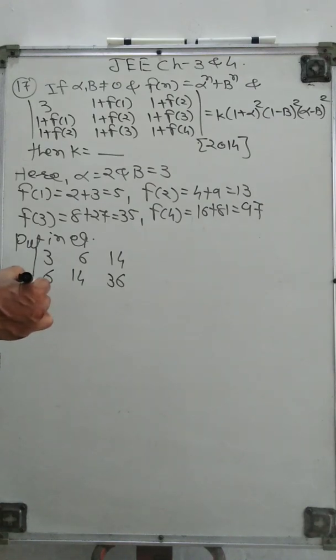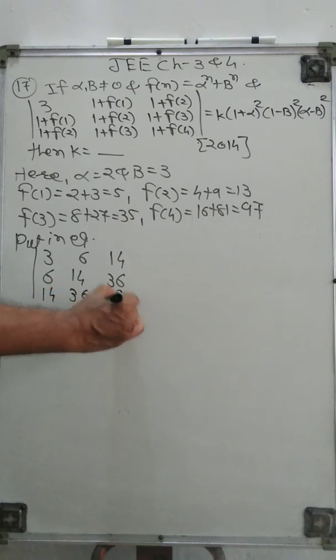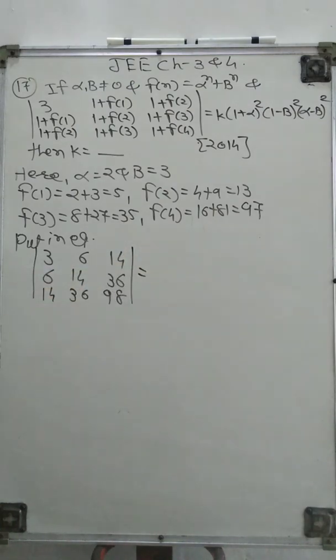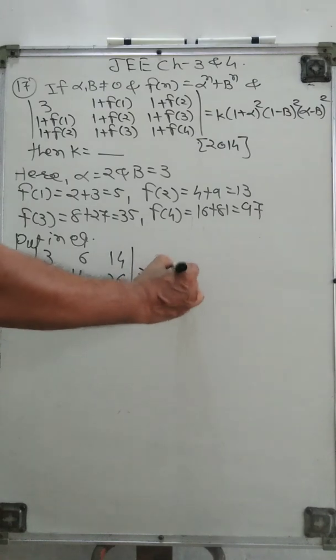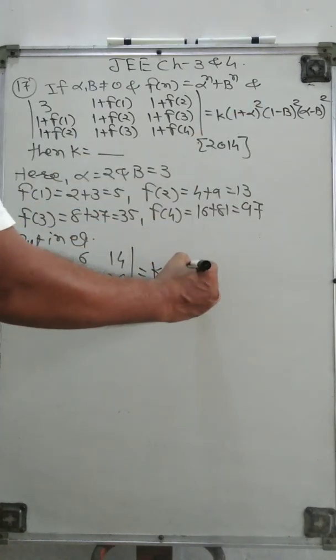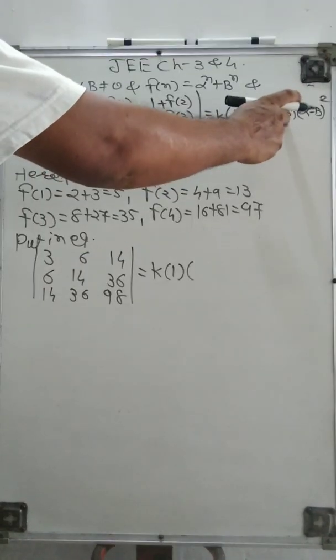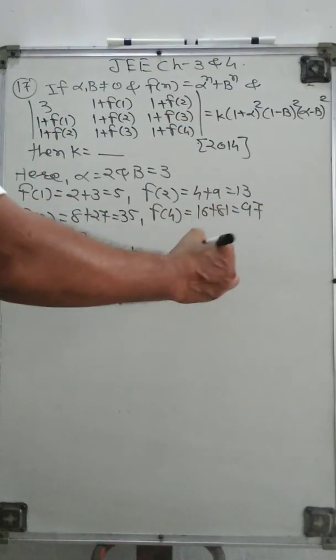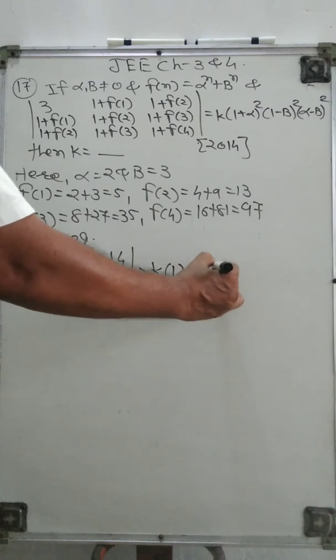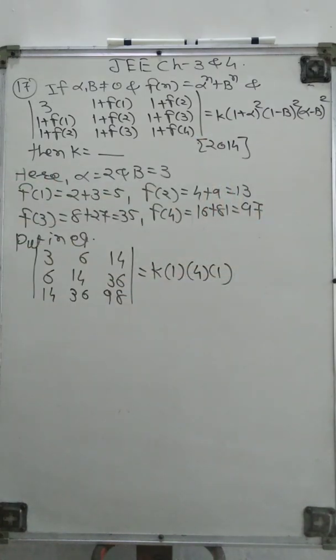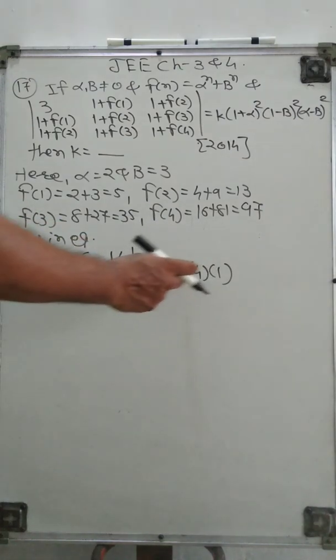Okay, then 14, 36 and 98 is equal to k, 1, 1, then here beta is minus 1 square is k, means 4 and 1. So here you can say 4k.